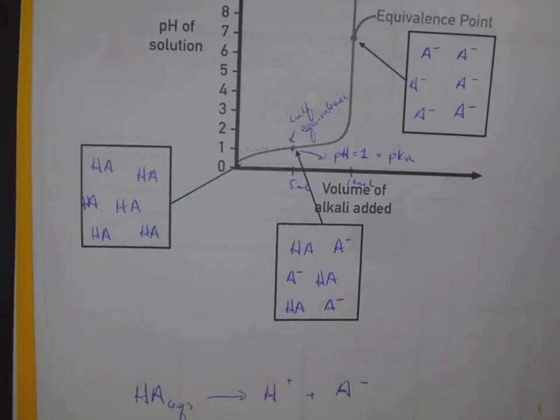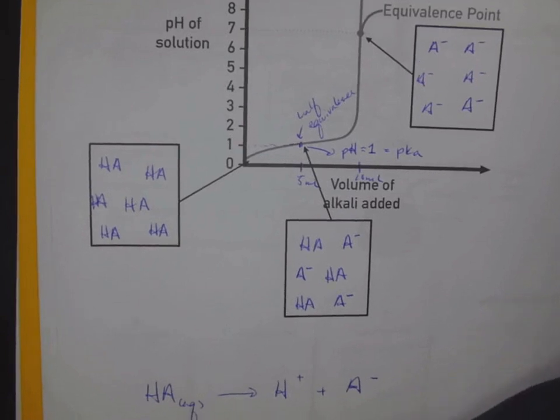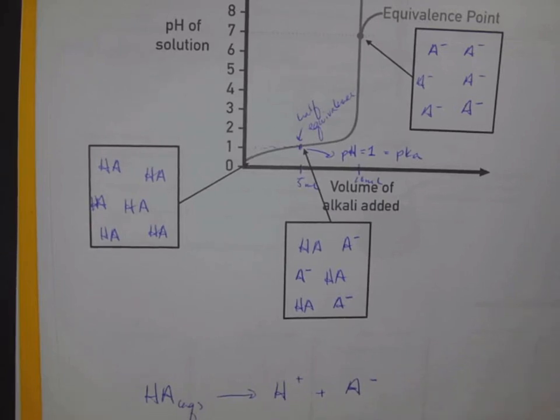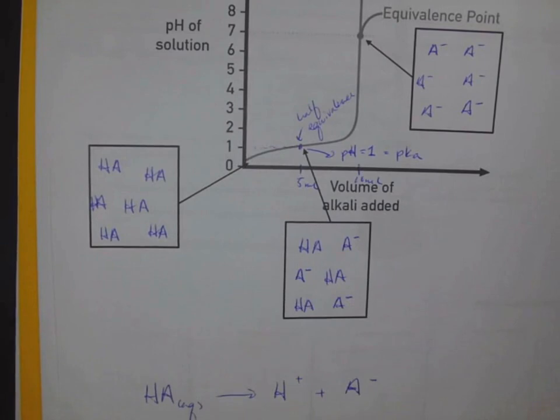Okay, now I want to make sure I'm phrasing that correctly, so let me just double check. Yep, exactly. So that's where the pH, at this point it was 1, is equal to the pKa.